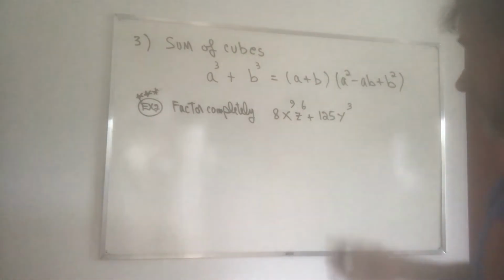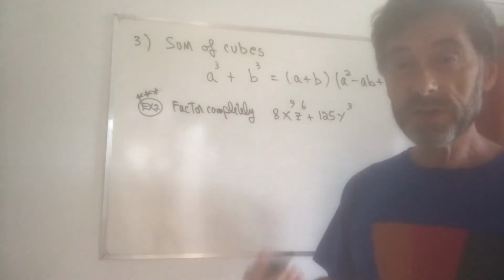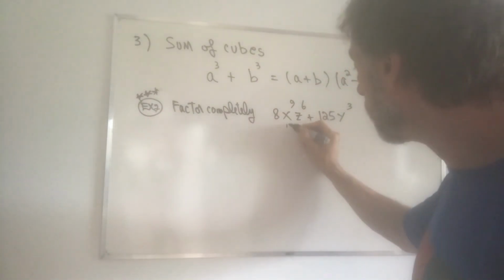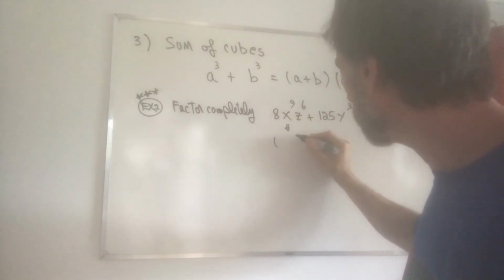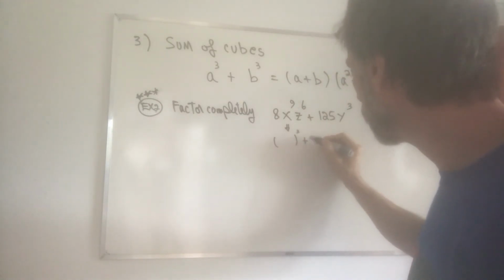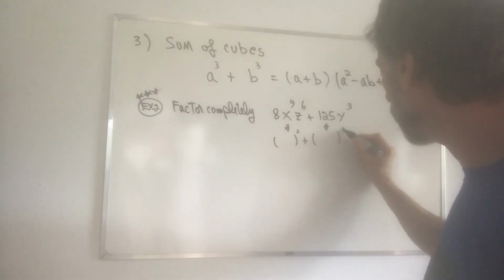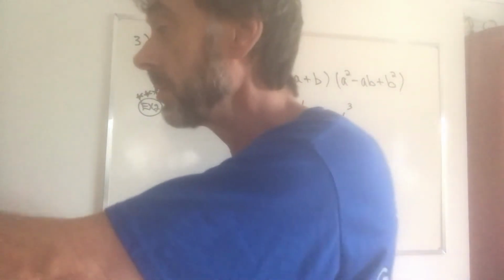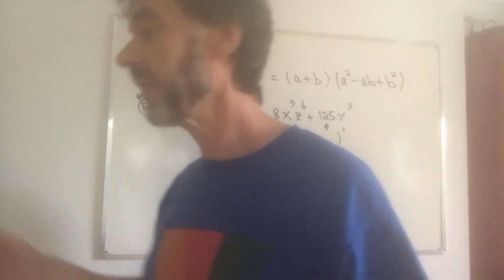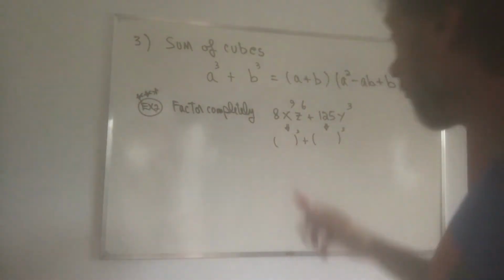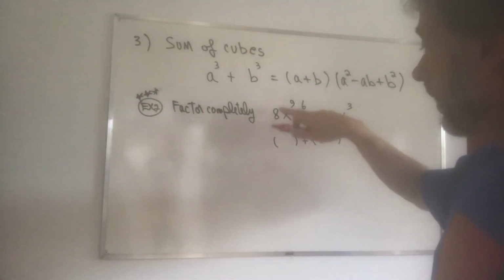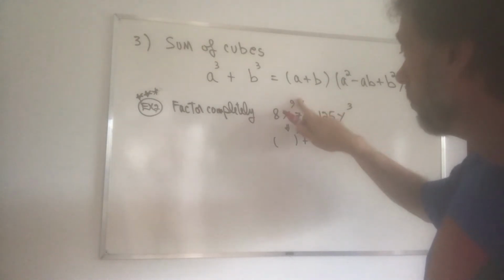Once again, this looks complicated, but we can simplify it so much if we make the effort to try to write this as a cube plus another cube. It's not always possible, but when it is, then we actually do have a nice factoring case. So let's see. Can I write this as a perfect cube?